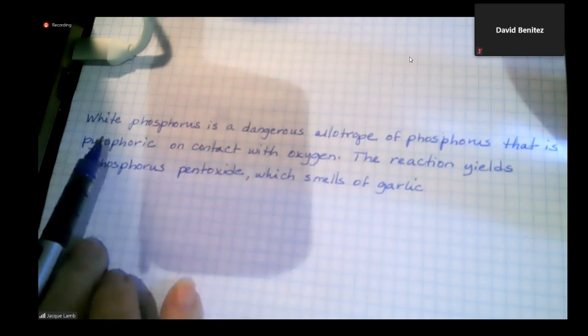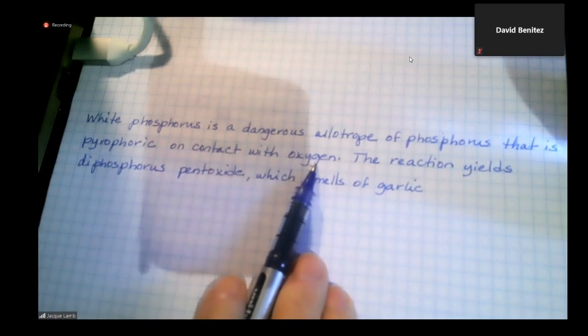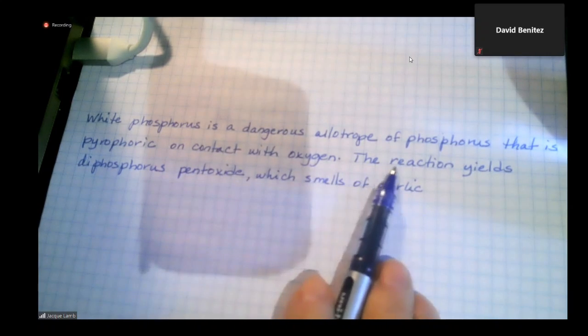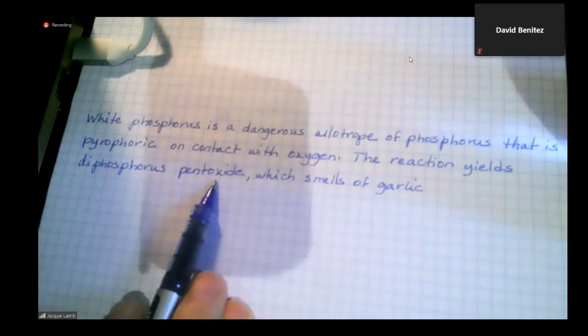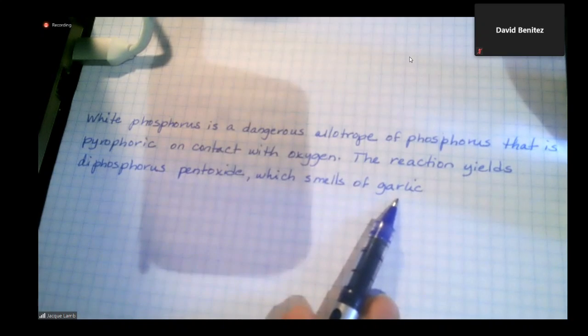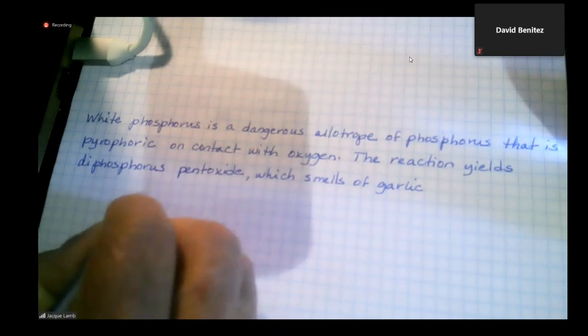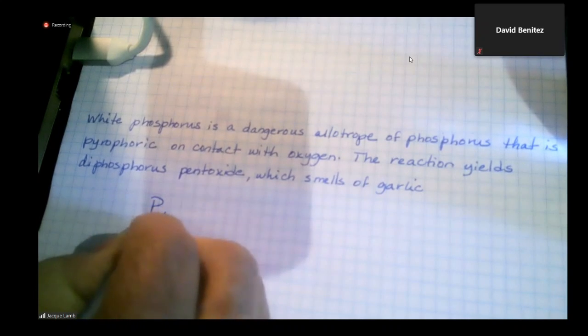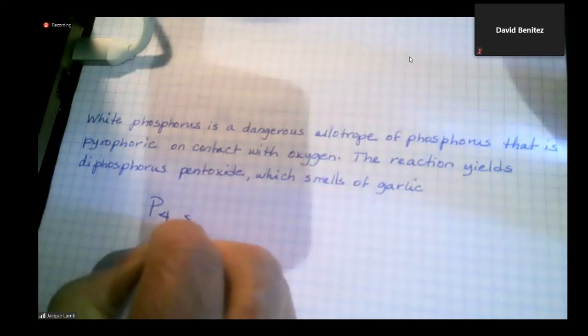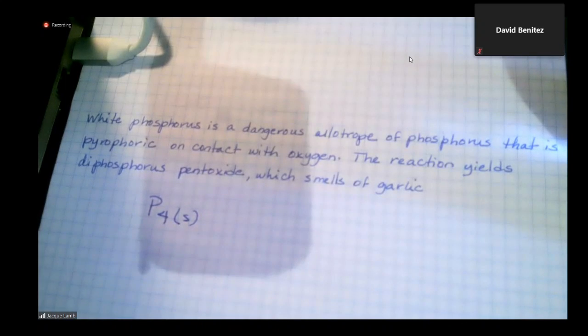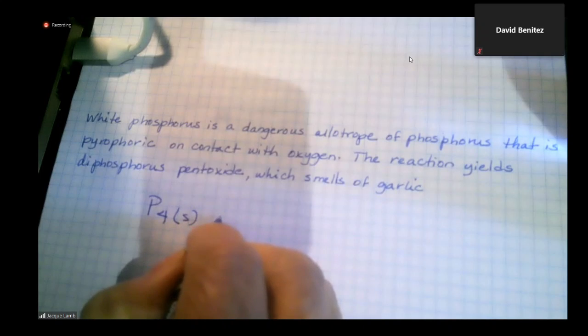So pyrophoric, on contact with oxygen, the reaction yields diphosphorus pentoxide, which smells of garlic. So that's our sentence. White phosphorus is P4, and it is a solid. It's a waxy solid, okay, P4, and it reacts with oxygen.